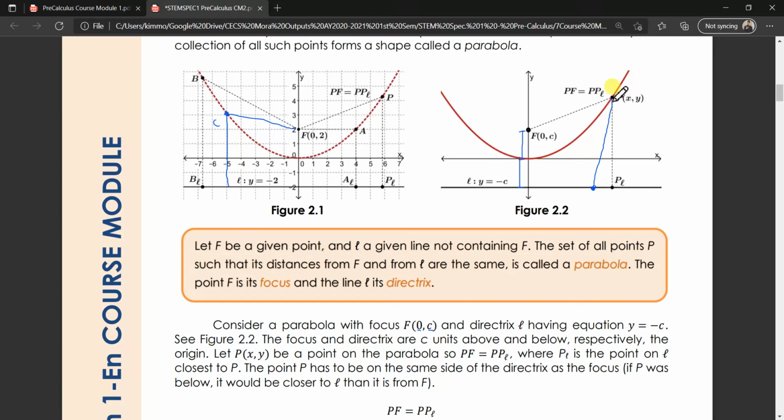The closest distance is the one along the perpendicular line.